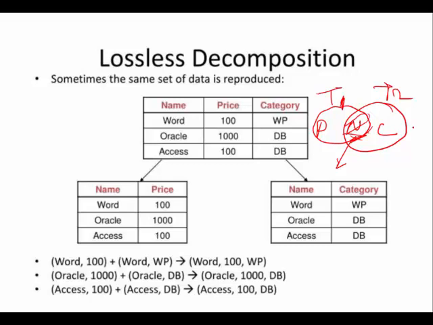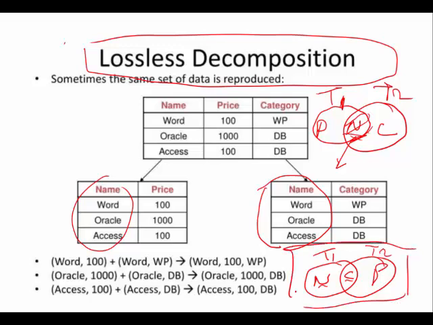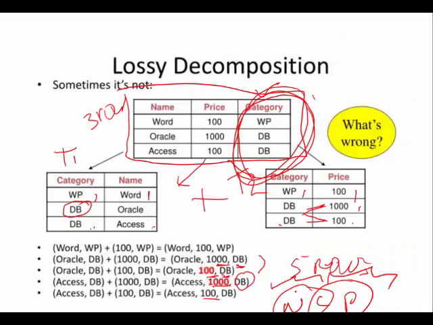For example, this time it is name, so if you use name, the result is lossless decomposition. But if we use category like in the example before, and then here name and here price, table 1 has name and category, table 2 has price and category. The result will give lossy decomposition.